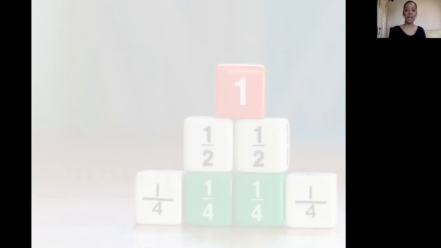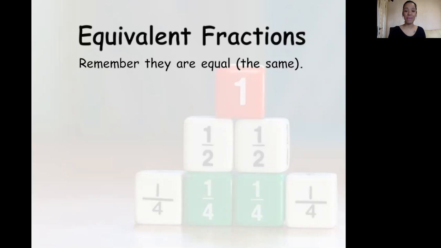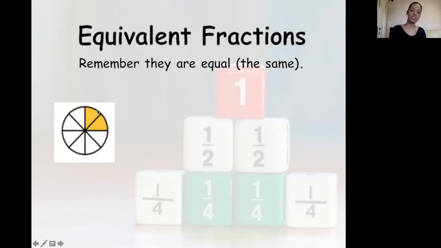So we're going to go ahead and take a look at the practice, a little example from yesterday, okay, where we had to remember that the shapes, even if they were cut into different pieces, they were the same, they were equal, they were equivalent, okay? So we have this lovely shape, the circle fraction, and it's cut into 8 equal pieces, okay? 1, 2, 3, 4, 5, 6, 7, 8.